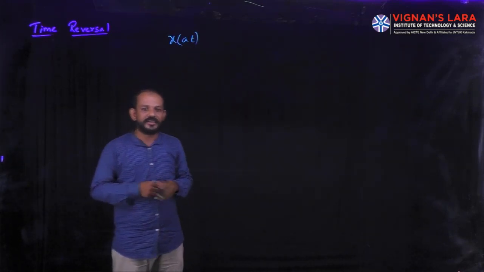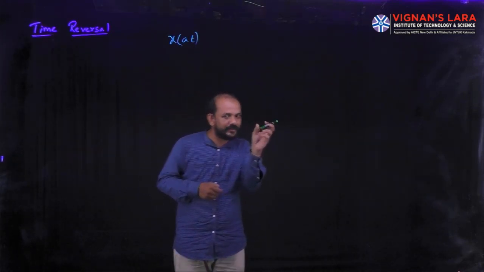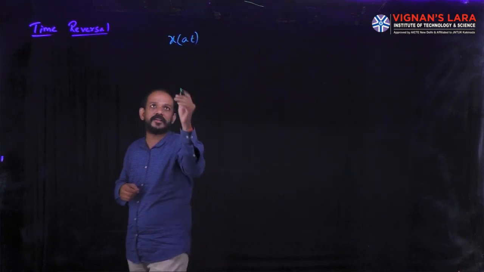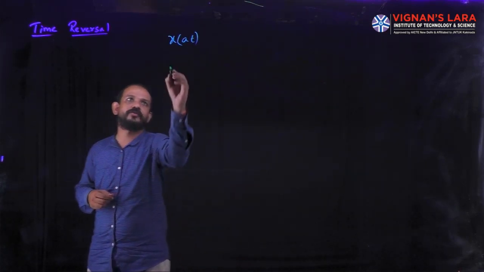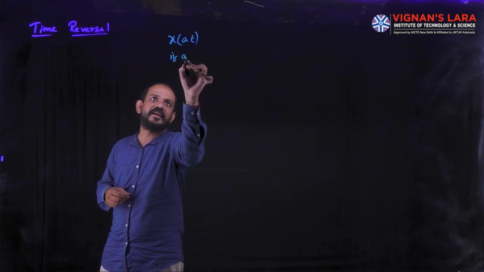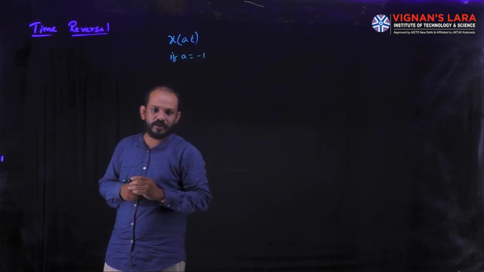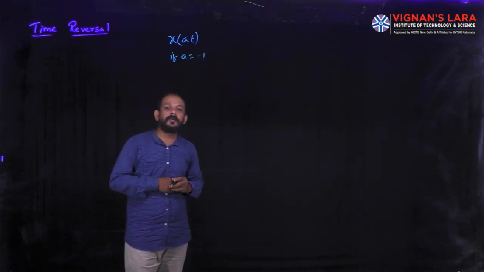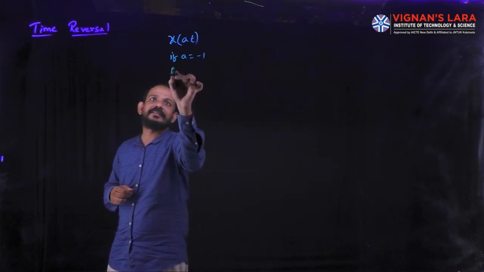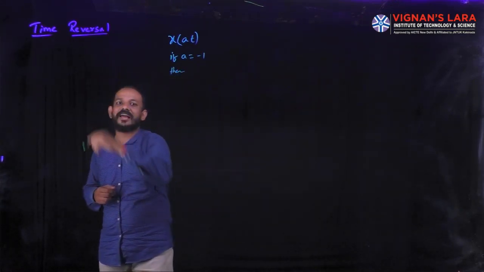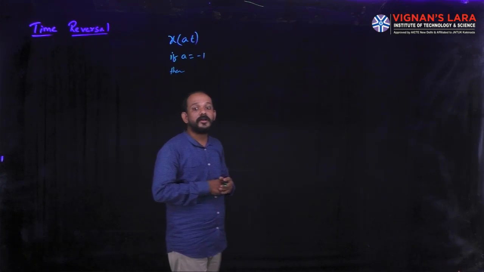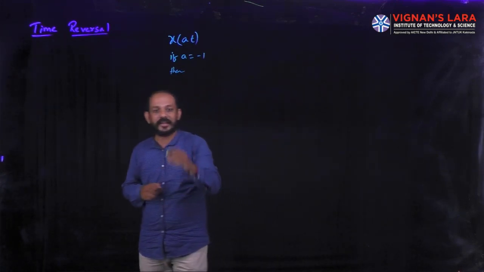That is, the scaling factor a should be multiplied with the time t, x of at. If this a value is equal to -1, then that condition we can call time reversal.